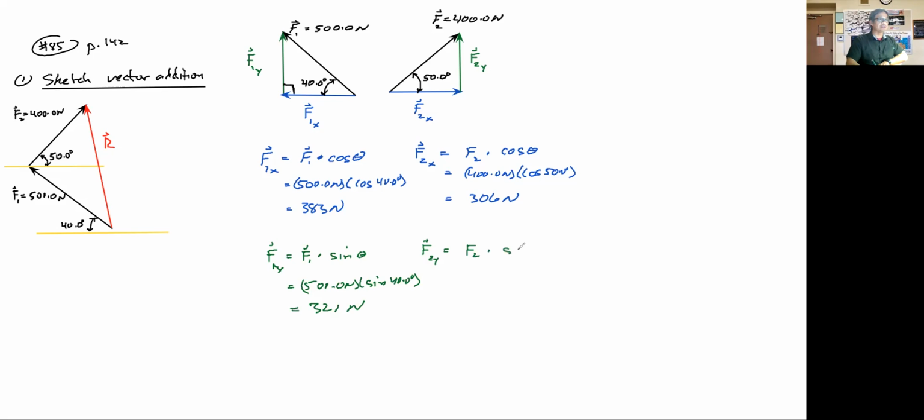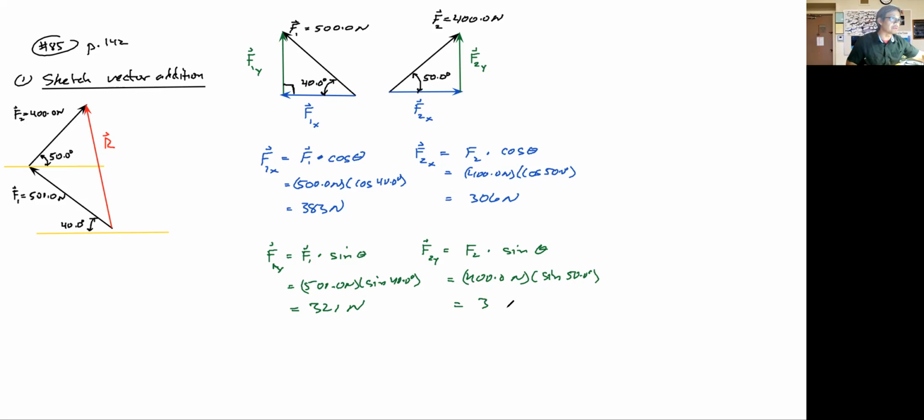Let's do the same thing for the y component here, which is going to be F2 times the sine of theta, which is what we know. It's going to be 400 newtons times the sine of 50. Let me go ahead and get that for you.